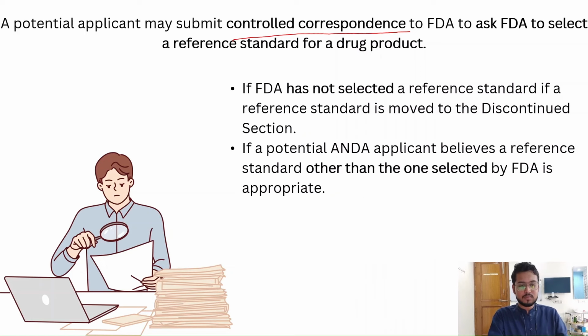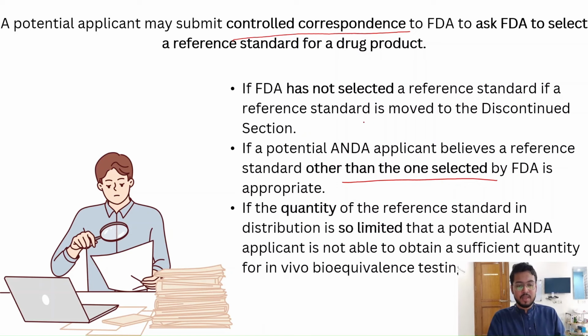For example, if FDA has selected a new RS and the applicant is not satisfied, then also the applicant can ask FDA to change the RS. And also, if the RS quantity available in the market is so low that the applicant cannot use it to conduct the bioequivalence studies, in that case also the applicant can ask FDA through a control correspondence to change the RS.